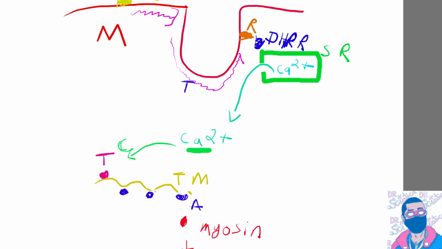Maybe we can think of it as tropomyosin being distracted once calcium binds to troponin. Now actin and myosin can interact and cause the muscle contraction to occur. These two interacting is what is so important for the muscle contraction.